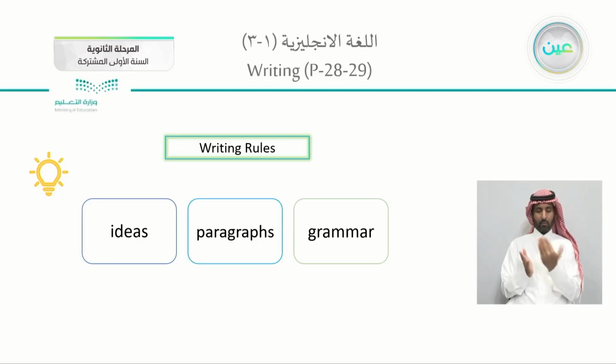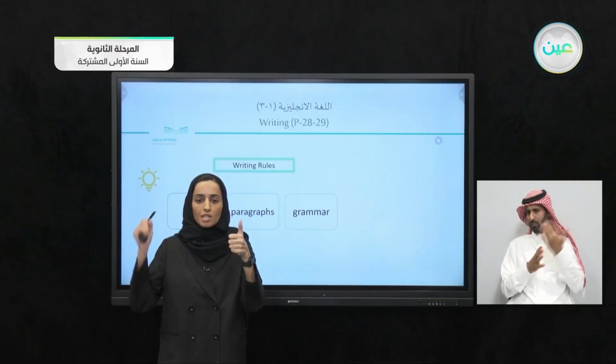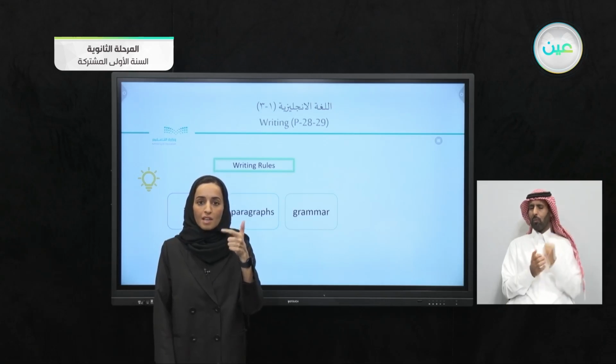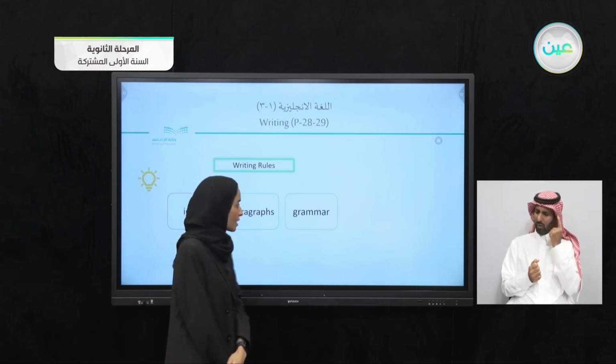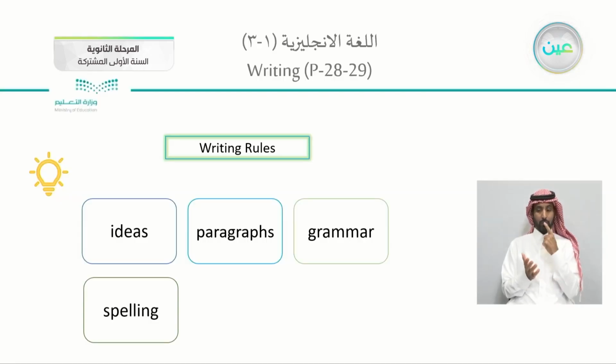Then we have grammar, and we have highlighted it. It's highly recommended that you use the past tense because we're speaking about something that happened in the past, as well as it's a good idea to use the passive voice. Then spelling. By the very end, always check your spelling.